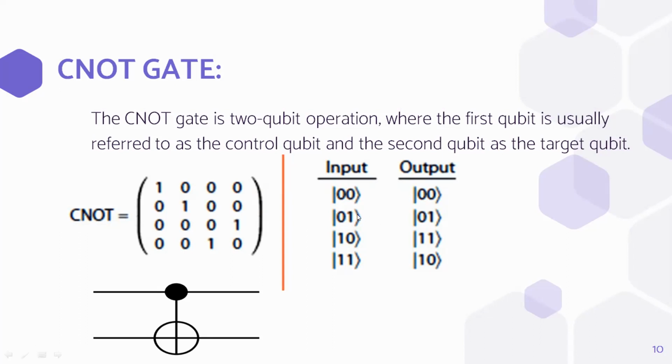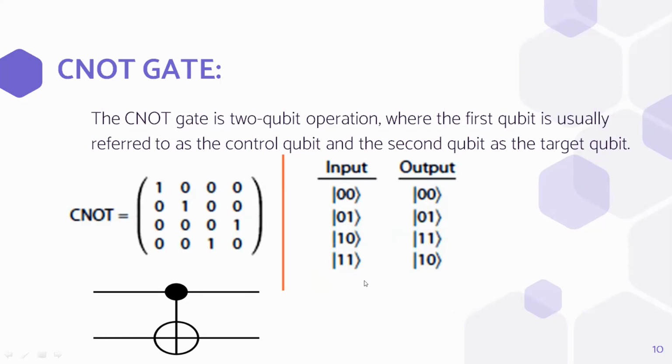And the third input is |10>, so the control qubit is |1>. So now it will apply a Pauli X gate on the target qubit, which is |0>. And as we understood earlier, the Pauli X gate basically converts |0> to |1>. So that's why our output here is |11>.